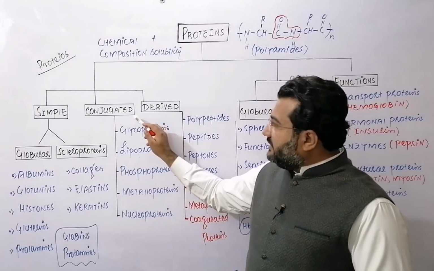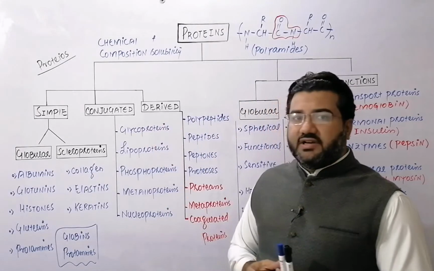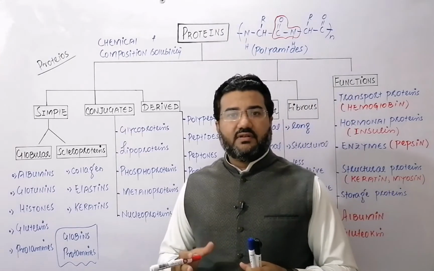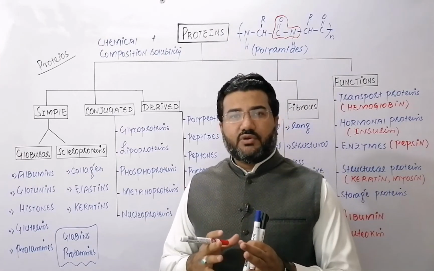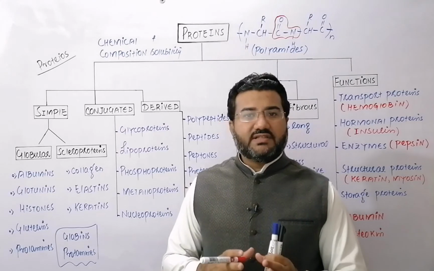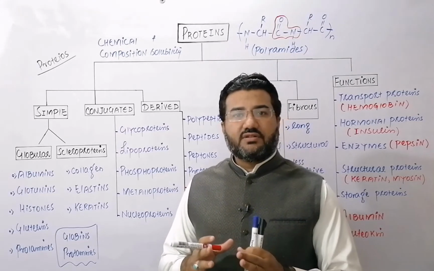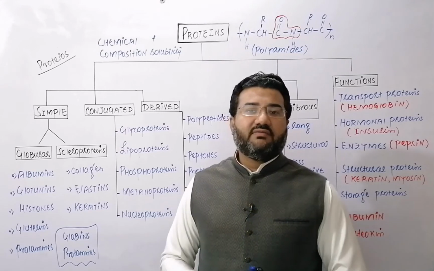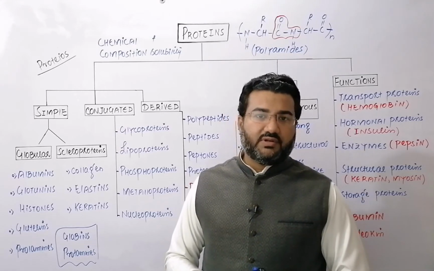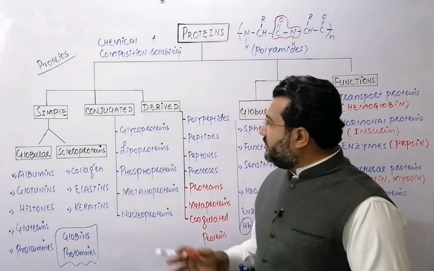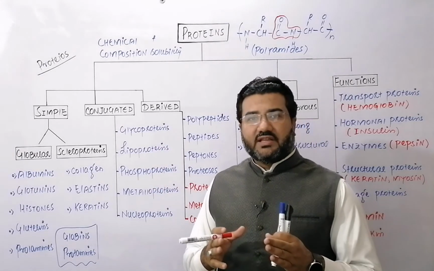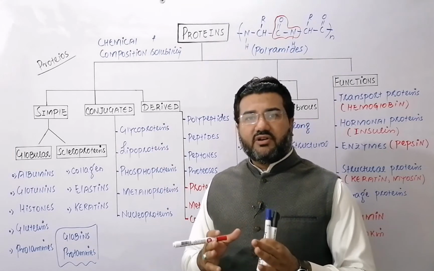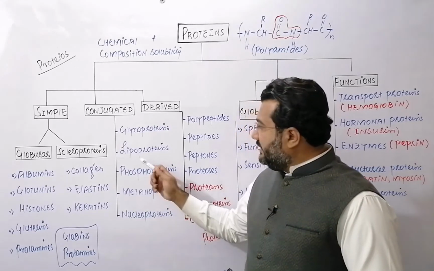Now the second one are the conjugated proteins. The word conjugated itself is explanatory. It shows that these are proteins that consist of amino acids as well as a non-protein part, which is the prosthetic group. The examples of conjugated proteins are glycoproteins, which are formed by the conjugation of carbohydrates and proteins.